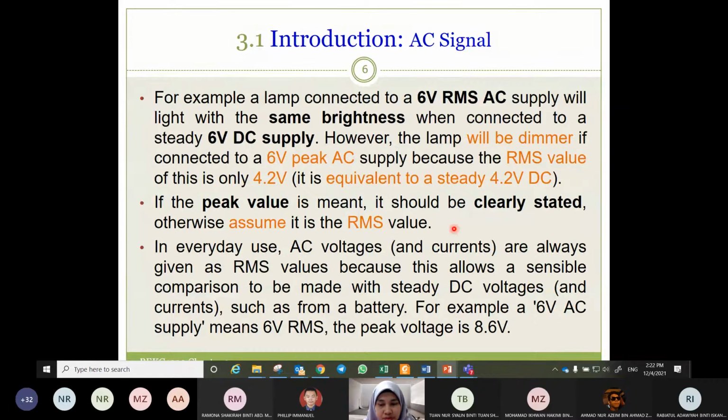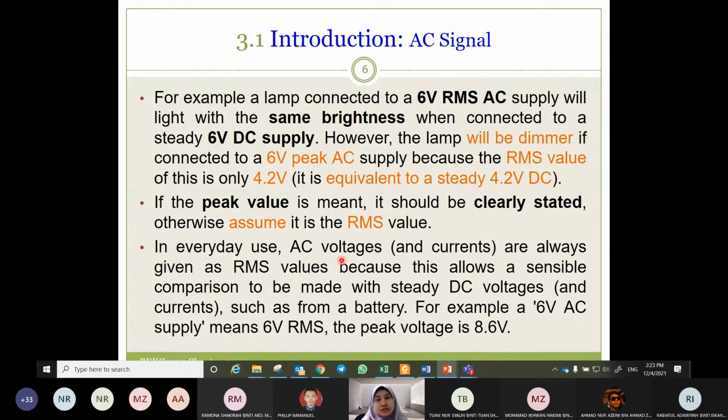Okay, so usually when we deal with an AC signal, we just assume that the given signal is in RMS, unless it is clearly stated that the value of the signal is in peak value or maximum value.